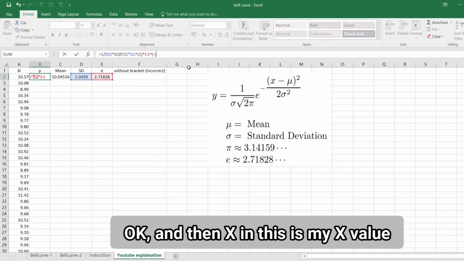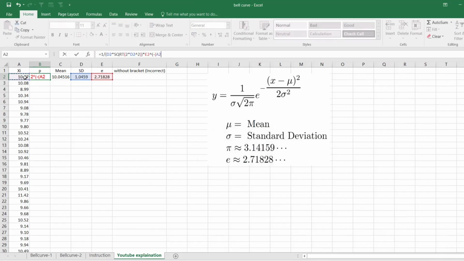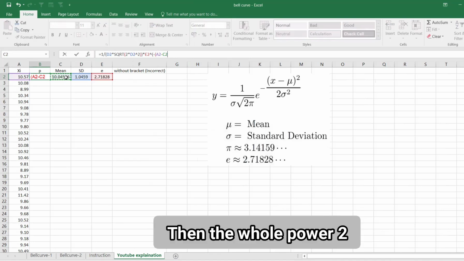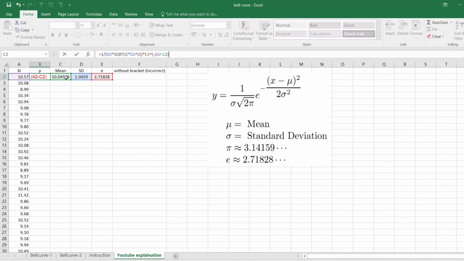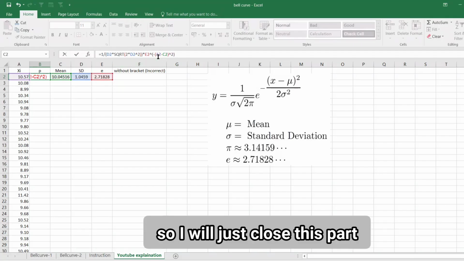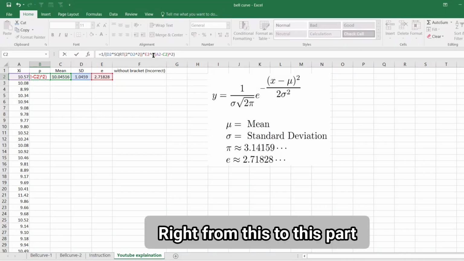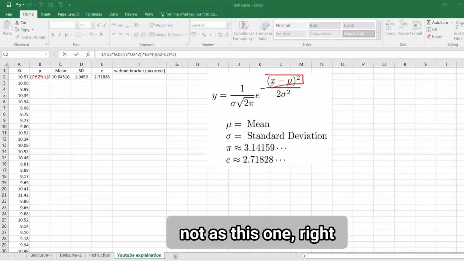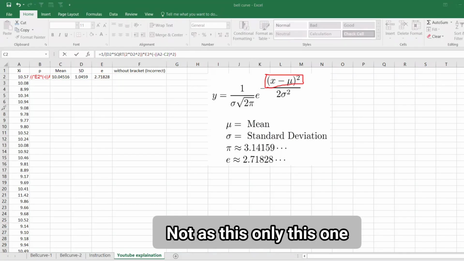Then X, this is my X value, and mu, that is the mean value, and then the whole power 2. But I want Excel not to get confused with this, so I will close this part, from this to this. So this expression is taken as a product, not as only this one.